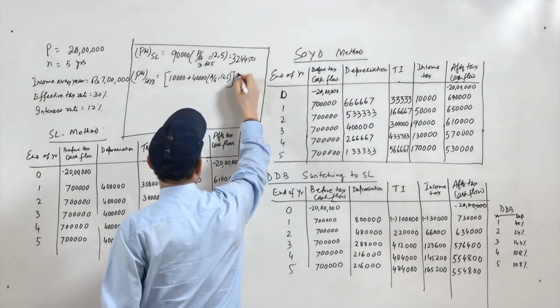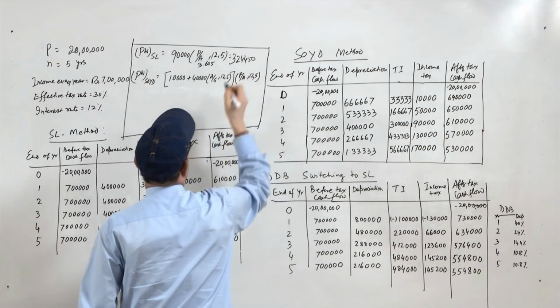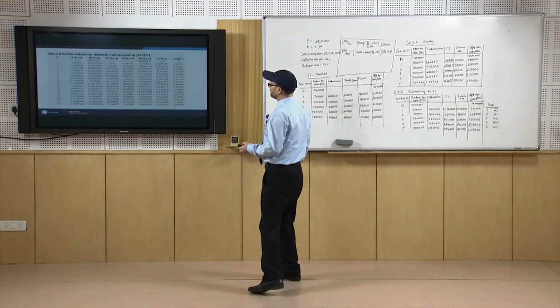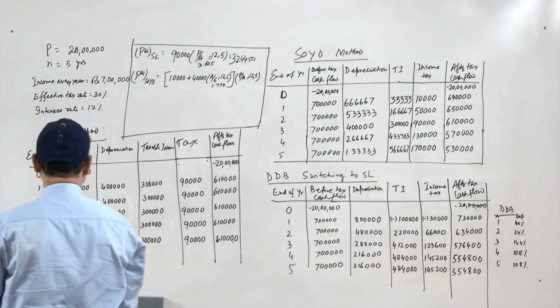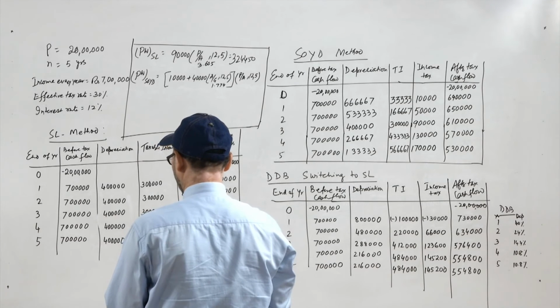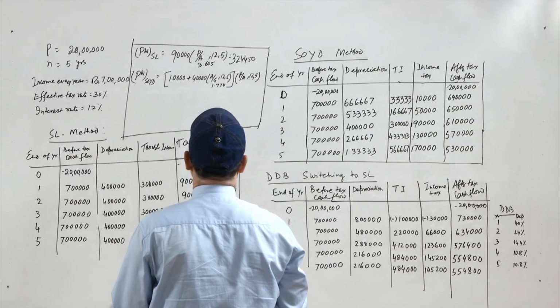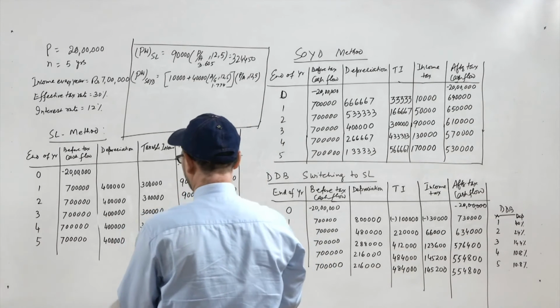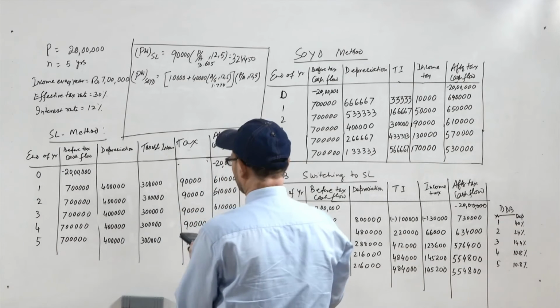So this will be the equivalent annual series and its equivalent at the present time. For that you have to multiply by P by A 12.5. A by G 12.5 is coming out to be 1.774. So it will be 40,000 multiplied by 1.774 plus 10,000 multiplied by P by A 12.5, that is 3.605.